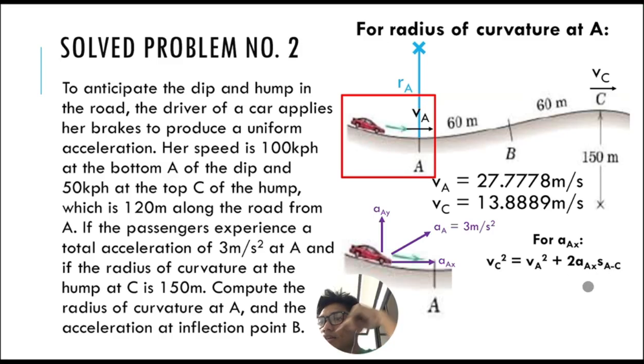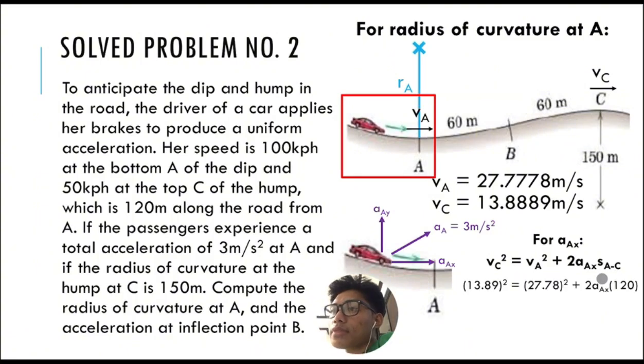Tangential kasi ang AX, at sa tangential, gumagamit tayo ng kinematic formula and derivatives. Yung distance, from A to C, straight line yan na meron tayong 120 meters, which is 60 plus 60. So, wala kayong dapat ikipangamba.